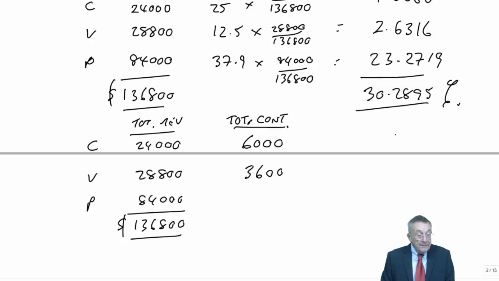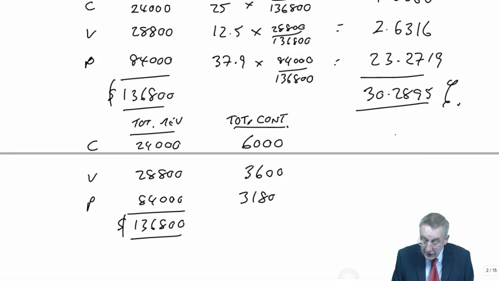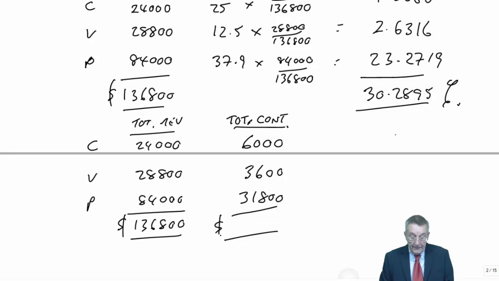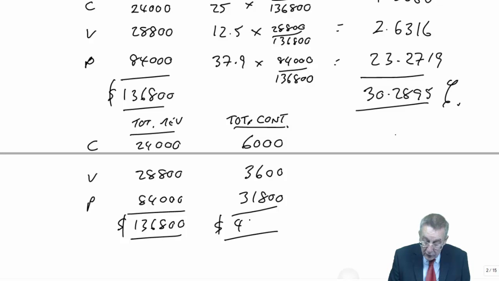And for P, 12,000 at 2.65 is 31,800. So we're budgeting on a total contribution of 41,400.